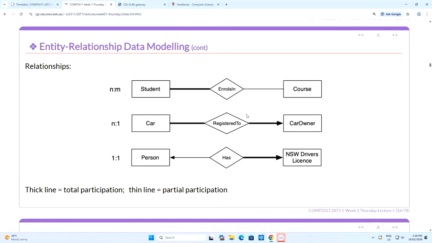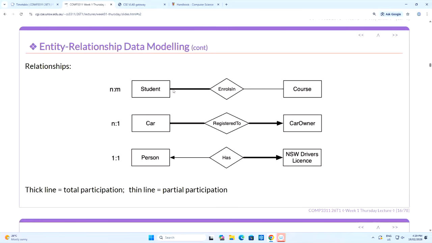You could have a three-way relationship with another arrow pointing to another entity, but that's out of scope for this course. If we only talk about two-way relationships, then by considering cardinality ratios and participation constraints, these are some of the possibilities that we can see.